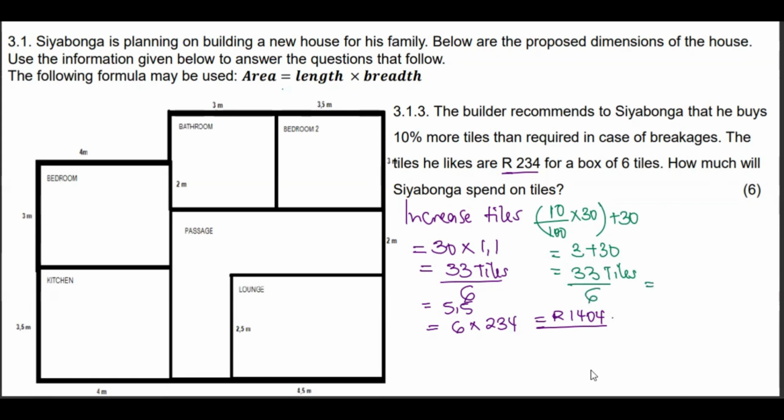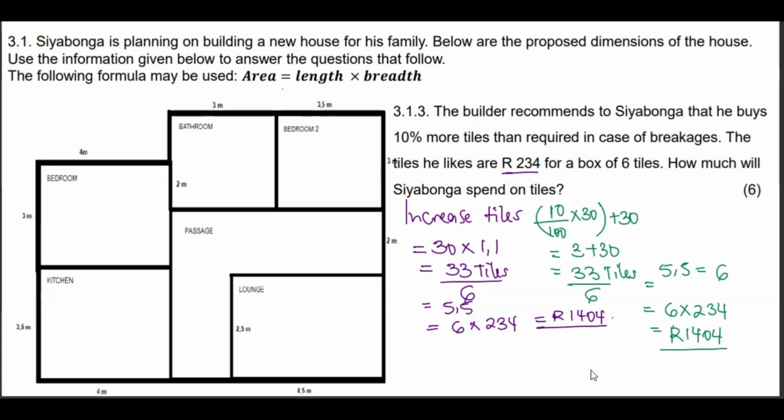So 33 divided by 6. You still get your answer 5.5. But these are boxes, so you buy 6 full boxes. So how much will it cost? It will cost the person this much. Same story.